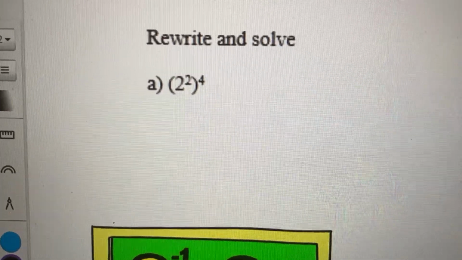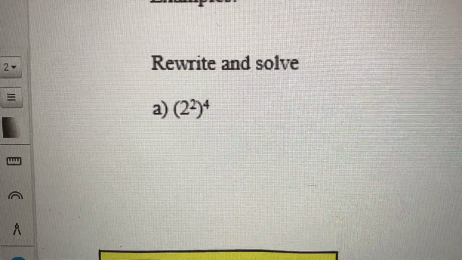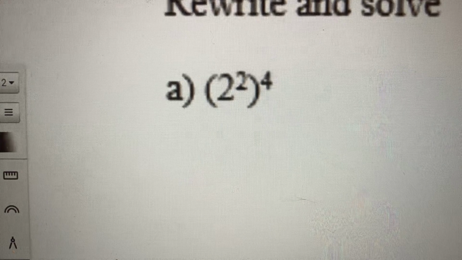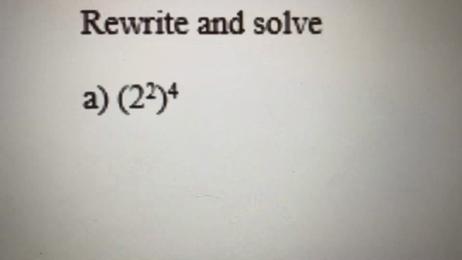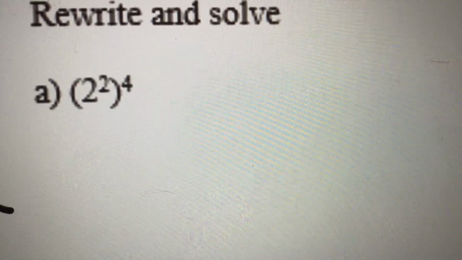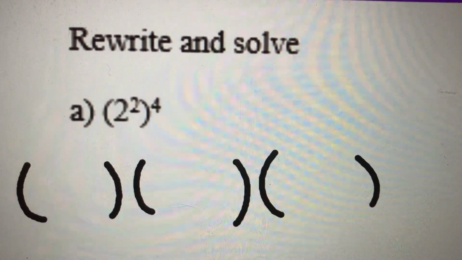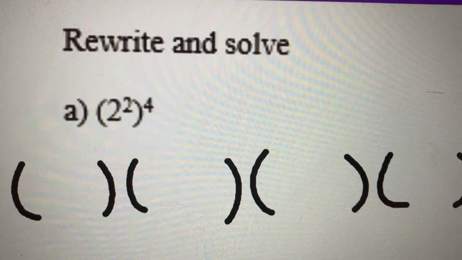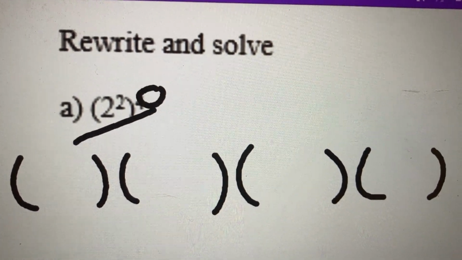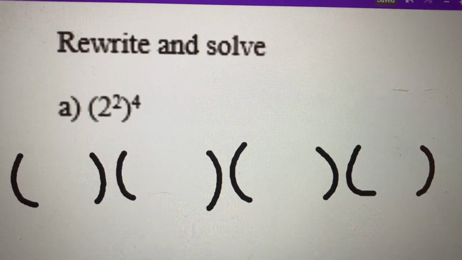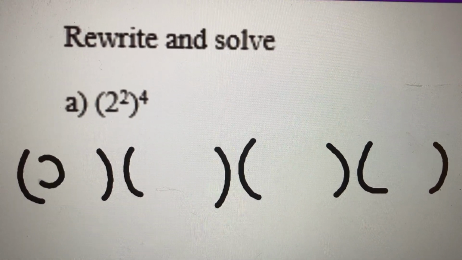Okay, now we have powers to powers. Remember that the power of 4 here is only acting on the parenthesis, so that means I have 4 sets of parentheses. 1, 2, 3, 4. And in each parenthesis is a 2 squared.